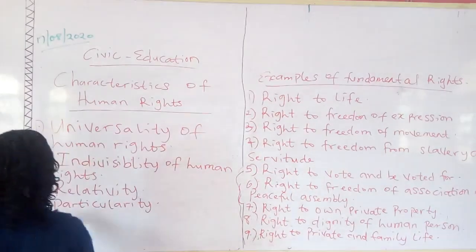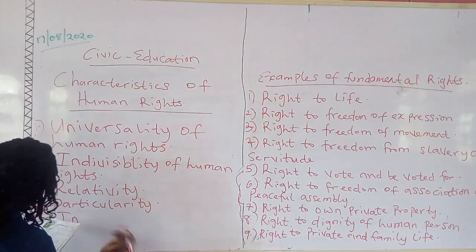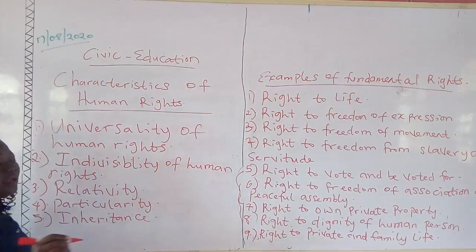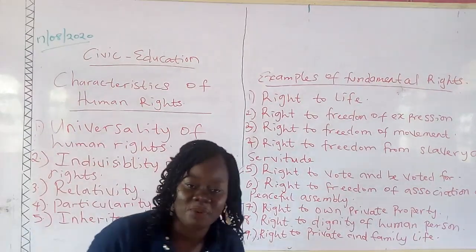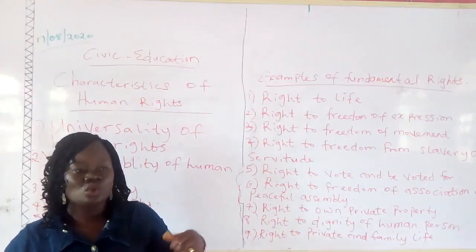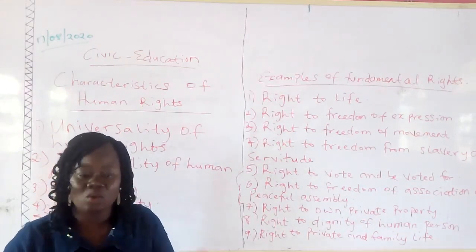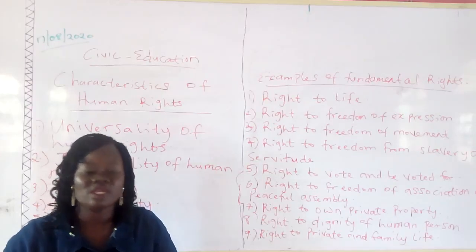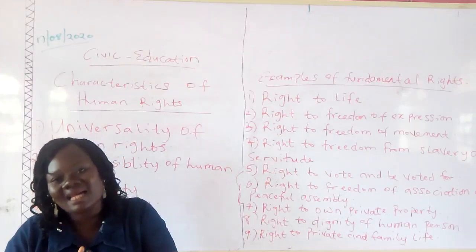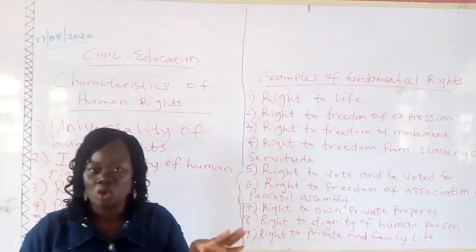Then also, number 5, inheritance, or when you say it is inherent. Every child, every young person inherits the fundamental human rights from their parents. The number one thing that qualifies you as a citizen is that your father and your mother are from a particular country. Automatically, once you are given birth to, you are a citizen of that country.